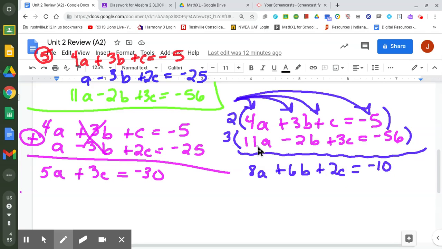Now on the bottom, 3 times 11a is 33a. 3 times negative 2b is negative 6b. 3 times positive 3c is plus 9c. And then 3 times negative 56 gives me negative 168.